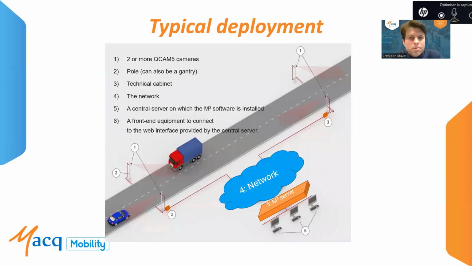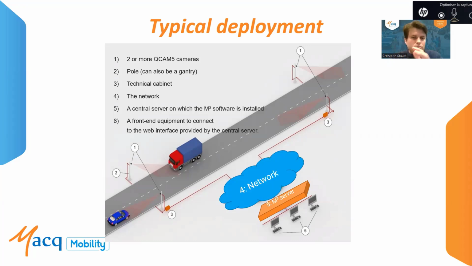A typical deployment is you have 2 or more QCAM5 cameras, of course, because you need one at point A and one at point B at least. Secondly, you need the corresponding infrastructure to install these cameras, so either a pole or also a gantry. Then a third point is the technical cabinet, because of course you need data, you need electricity.